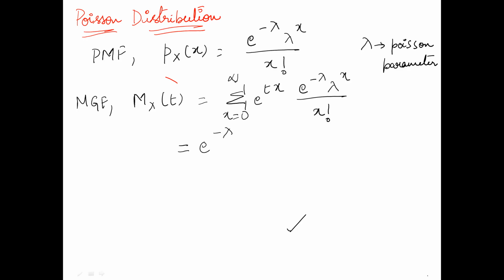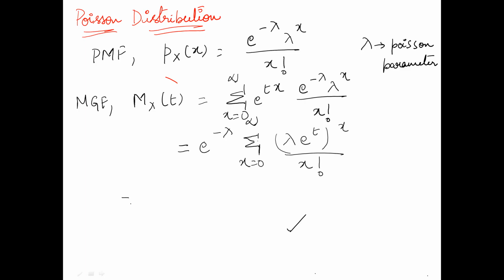Rest all are dependent on x, so x runs from 0 to infinity. This is going to be lambda e power t, isn't it? Lambda e power t whole power x by x factorial. Now you can quite well see, we can write the Taylor series for this.